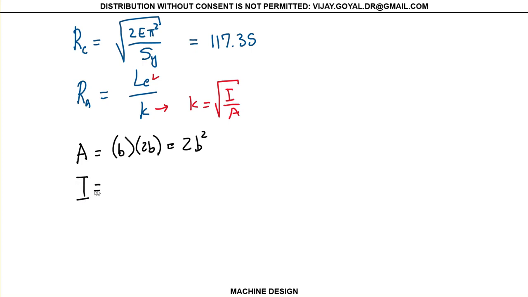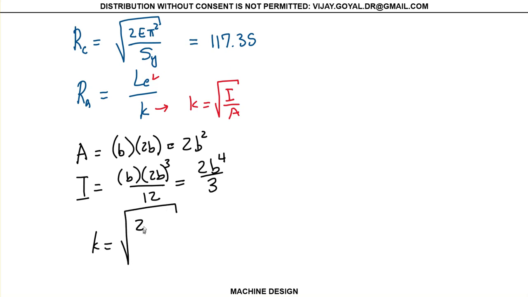You have your inertia, that is base times height cubed divided by 12, and that would give you 2b to the 4th power divided by 3 if you simplify all this. Then your k is nothing else than the square root of 2b to the fourth divided by 3, and divided by area, that 2 times b squared, and that would give you b over square root of 3.